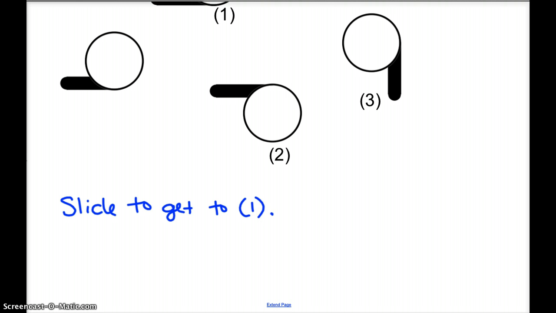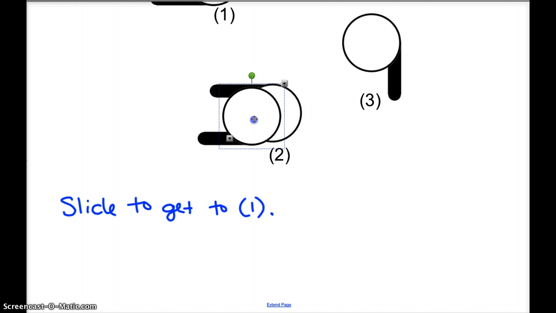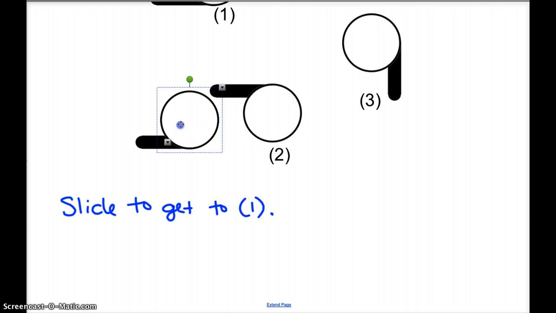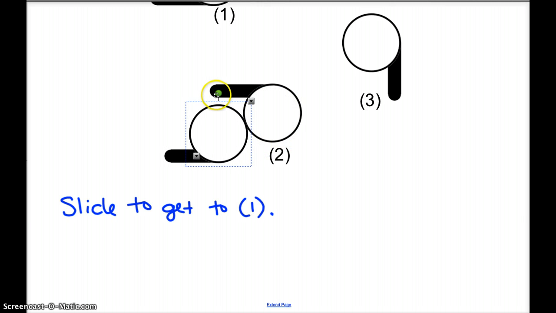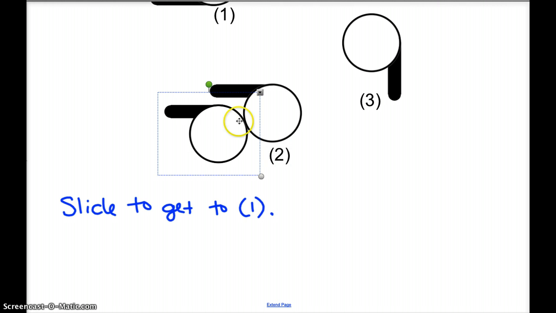Now, how do we get to number 2? Because if you notice, it's facing a different direction. So if you would just slide your computer paper over, they don't line up and they don't match perfectly. But notice that what I could do is once I slide it to line up, I would then have to flip the image upside down in order to get the shape that is there. So I can go here and go to flip just to show you that when you flip it, it does actually become the same shape.